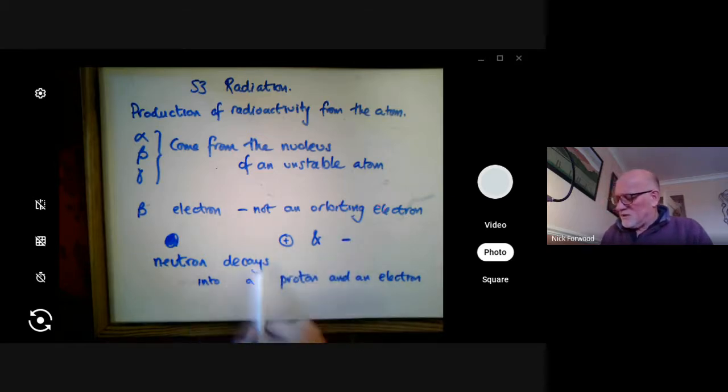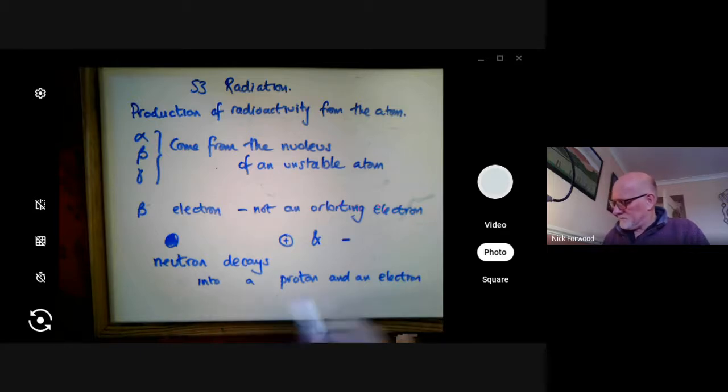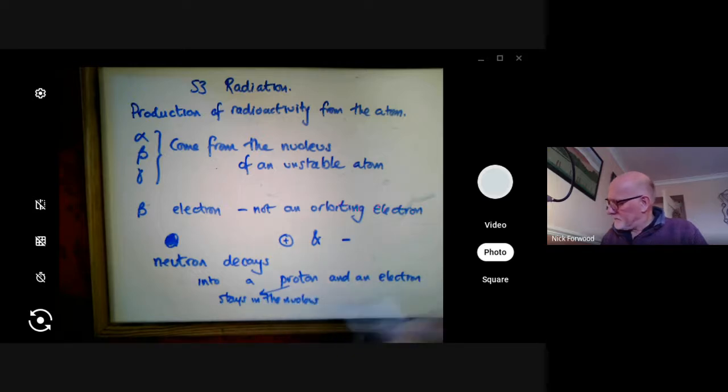So a neutron can, of its own free will, change or decay into a proton and an electron. Now the proton stays in the nucleus, and the electron is ejected or emitted at high speed. So our ejected electron comes flying out of the nucleus.